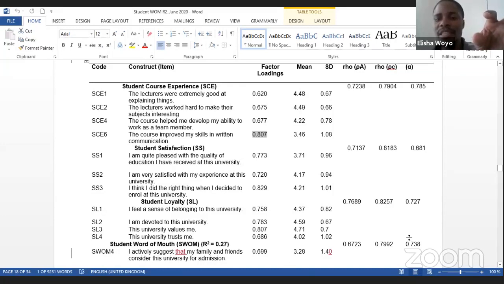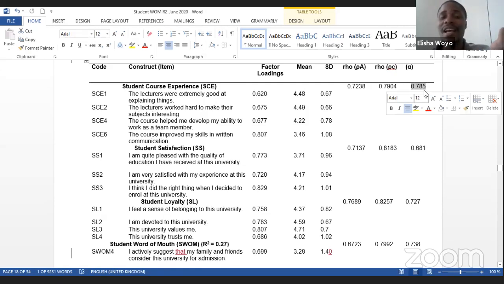Then the other thing you need to do while you are there is to make sure that you are in a position to measure what we call the reliability of these factors. How reliable are these factors in measuring what they are supposed to measure, internal consistency and all that.